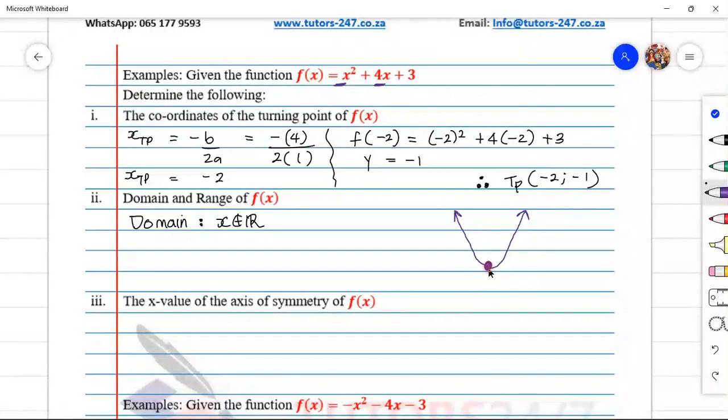This is going to be our turning point, which has coordinates negative 2 and negative 1. So, our range is going to be from the minimum point, which is q, going up. It's going to touch all the values greater than q. So our range is therefore going to be y greater than or equal to our value of q, which is negative 1.